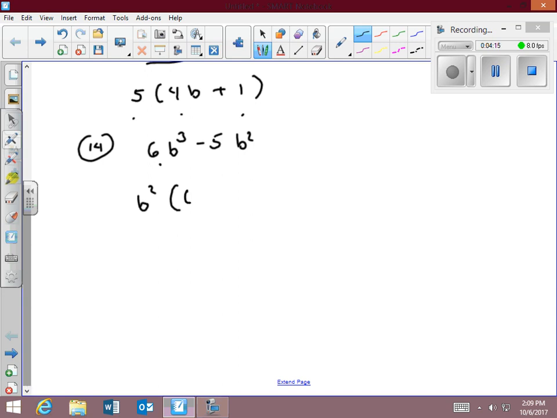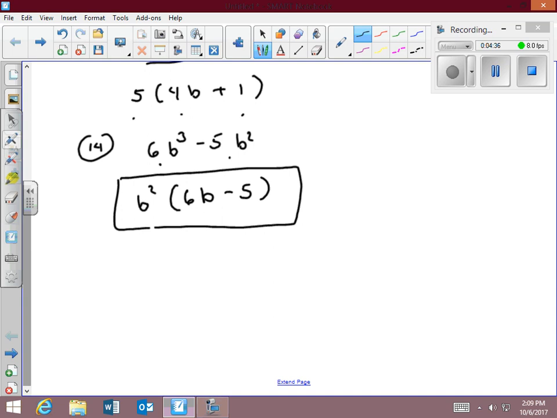A 6 and 1b, right? What's left after that? Take that b squared out of there. A negative 5. So this is prime factor. Does that make sense?